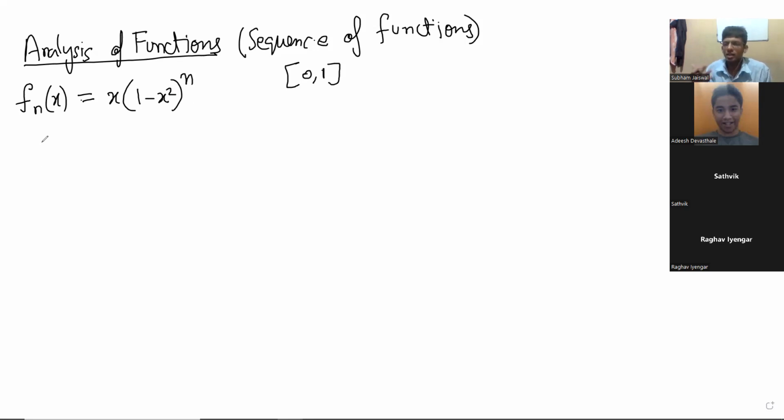Can anybody tell us, those who were there yesterday, how to take the limit? What does this mean?